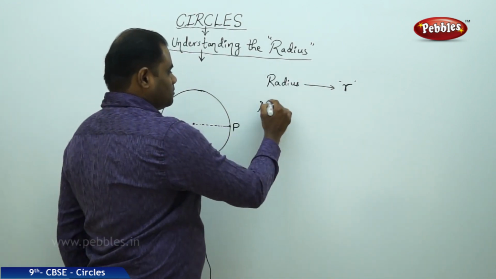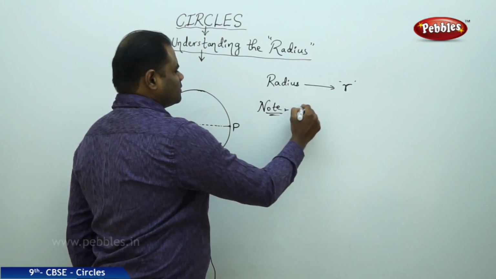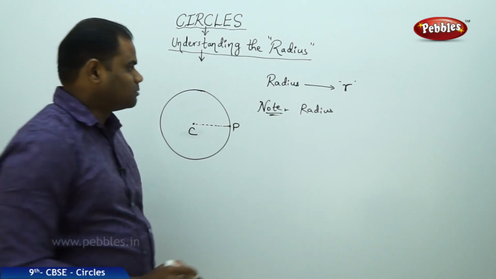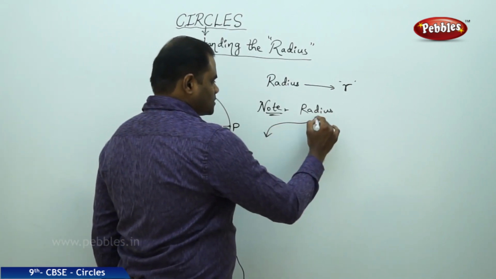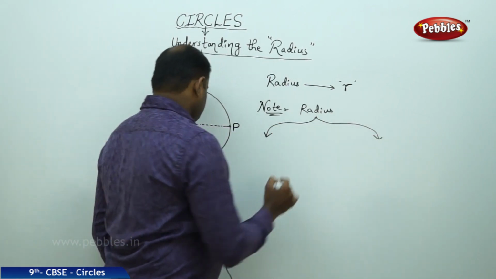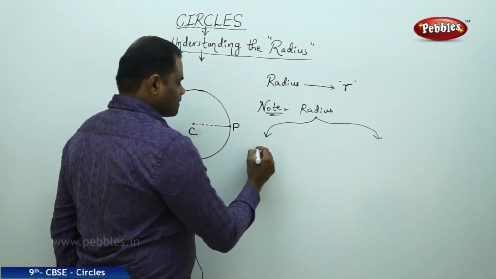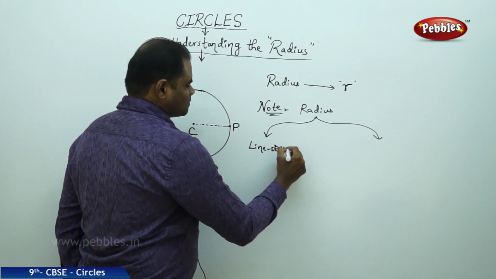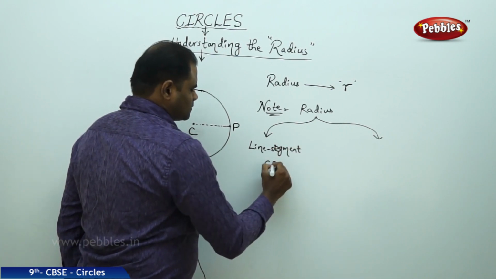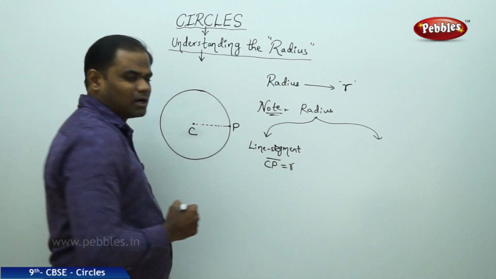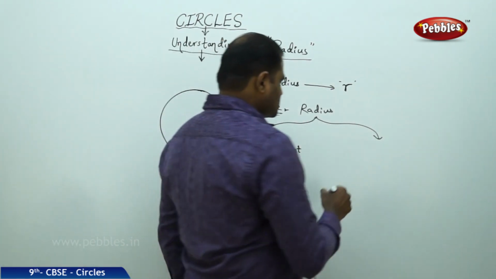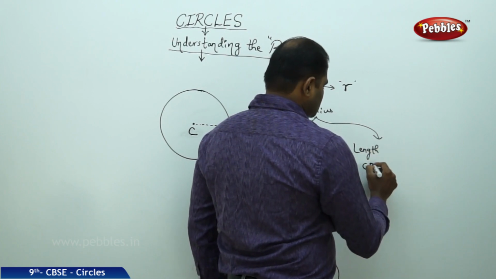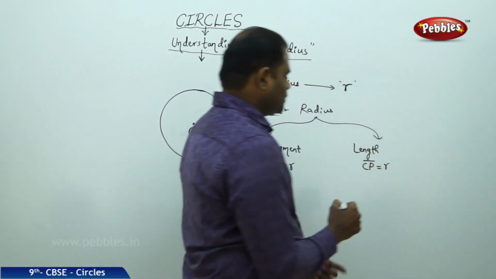And it's very important to note that radius is represented in both ways. Sometimes it is represented with line segment CP, which is r, and sometimes it is represented by length CP, which is r.